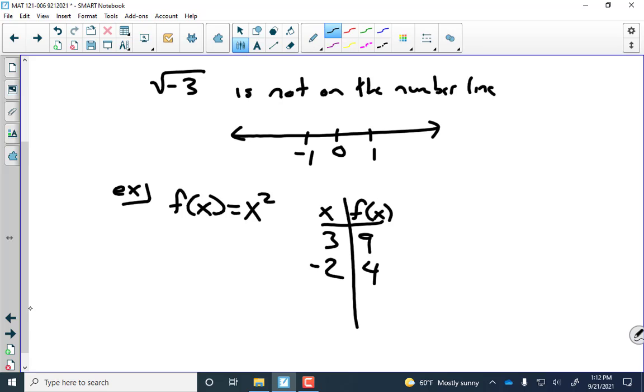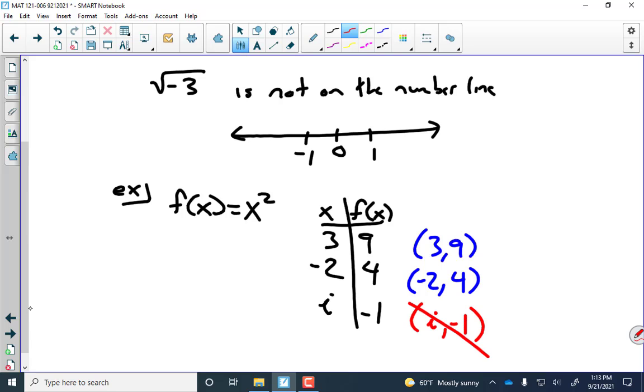Now if I plug an i in there, everyone, I'm going to get i squared. And what is i squared? Negative 1. And (3, 9) is an ordered pair. (Negative 2, 4) is an ordered pair. But (i, negative 1) is not an ordered pair. There's no way to plot that because it has an i in it.